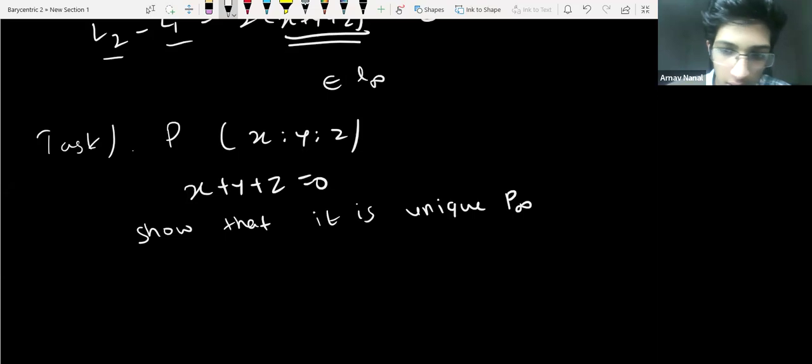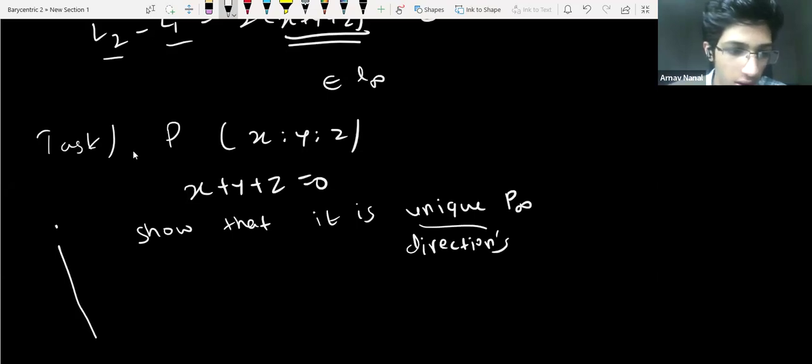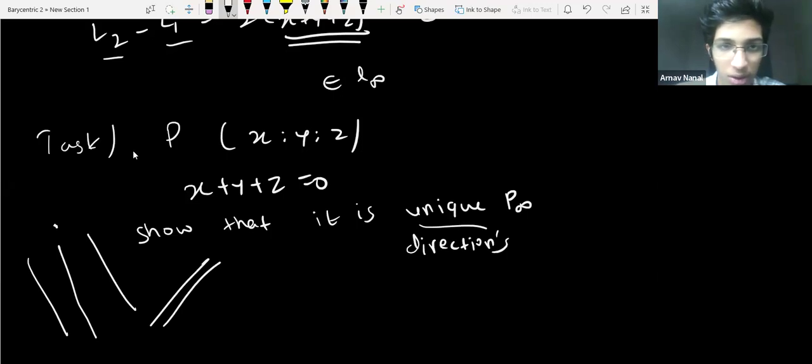By unique, I mean that it is the point at infinity along a unique direction. For example, whatever lines pass through it should always be a single set of parallel lines. It cannot be a point at infinity along two different sets. Do you understand?